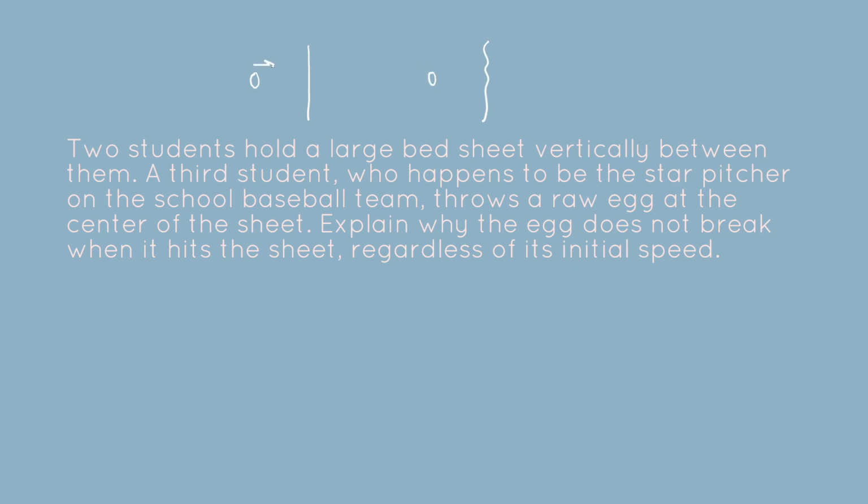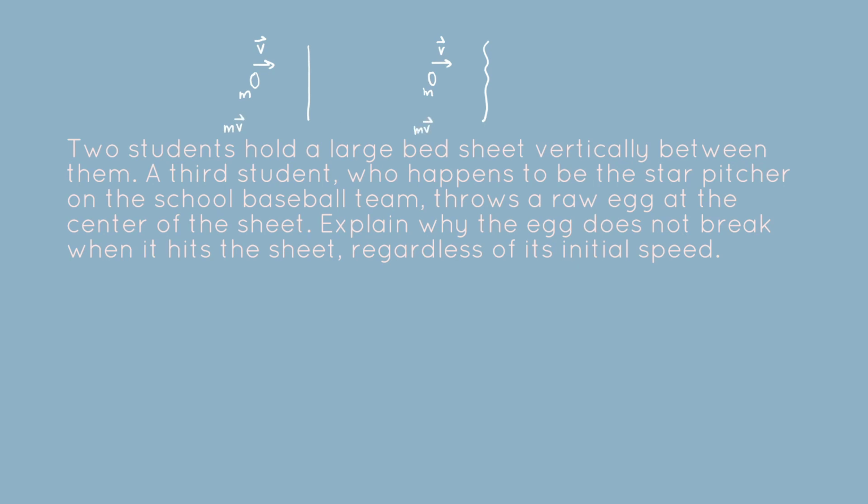Let's say in both situations they have the same initial velocity. It's the same egg, so it's the same mass. So the egg has a momentum of mv in both cases.